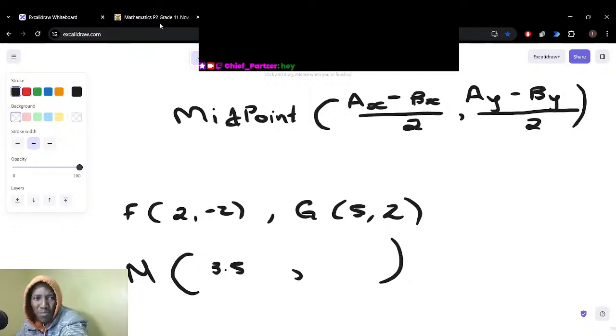Wait, minus? Something was not making sense. Yeah, so this is the formula of a midpoint.